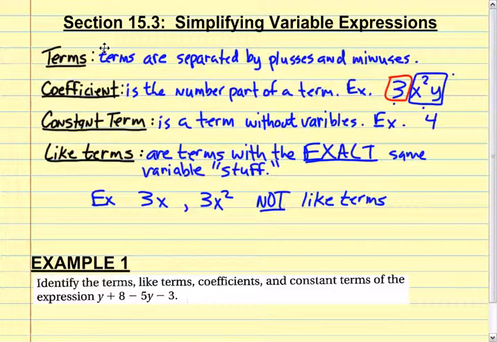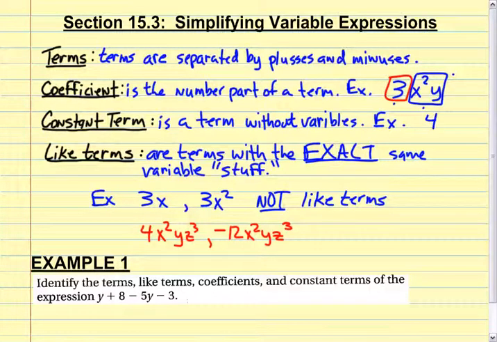Now, Casey, 3x and 3x. I'm sorry, let me stop. Hang on, I'll pause. I'm sorry, Casey. 4x squared yz cubed, that's one term. And negative 12x squared yz cubed.